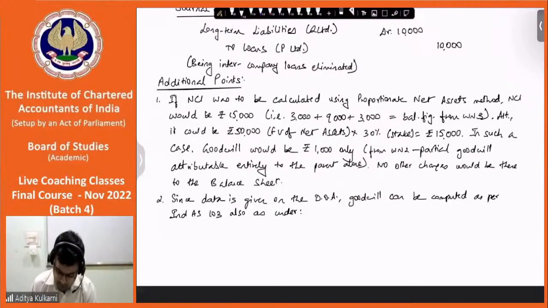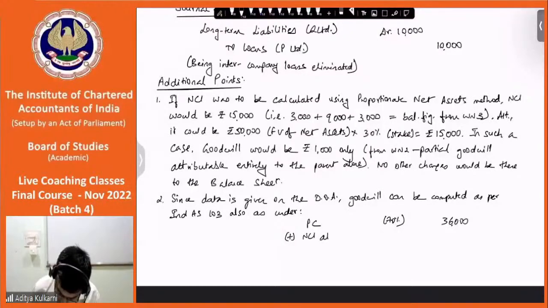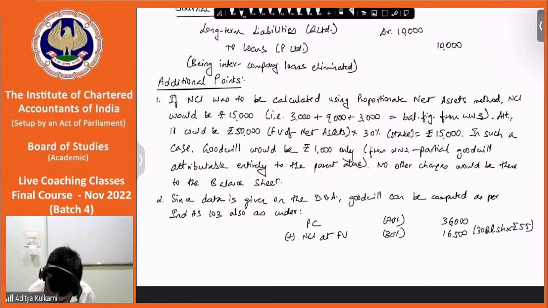So what will the goodwill be? That is going to be something like this. Purchase consideration for 70%, 36,000. Add NCI at fair value, 30%. This is 16,500. How do I get this? 300 lakh shares into rupees 55.